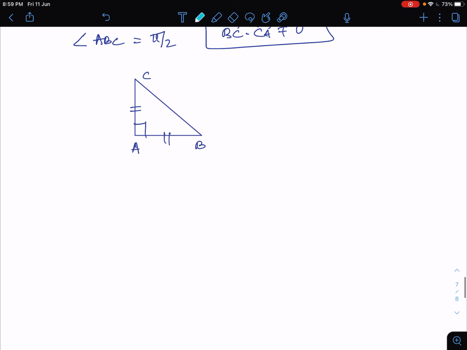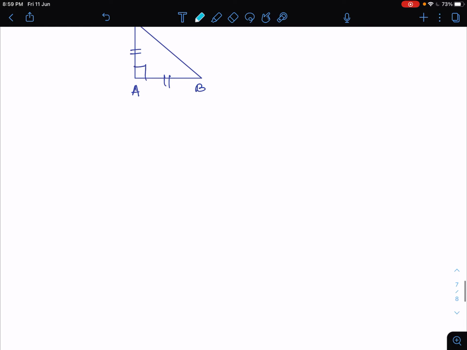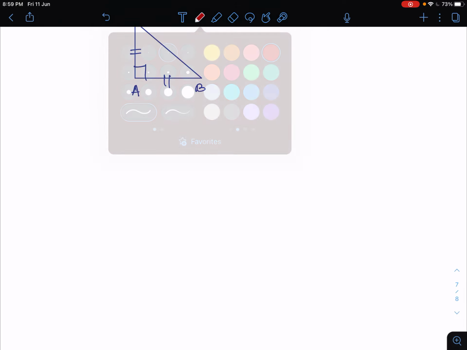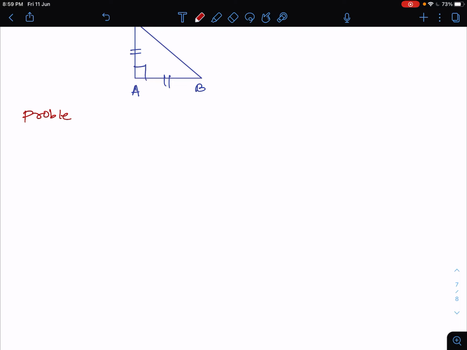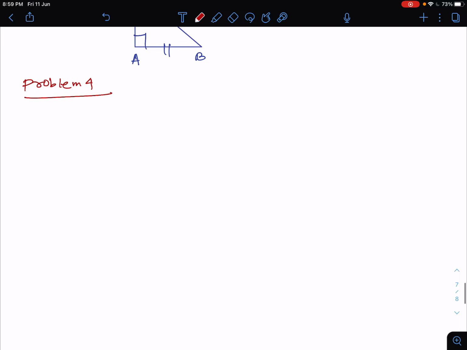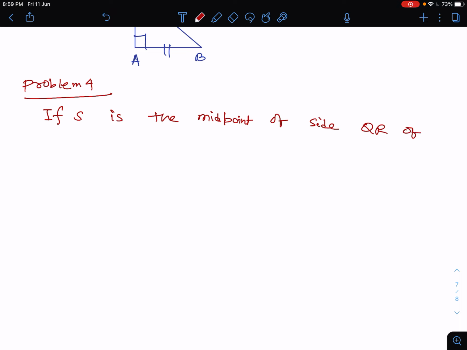So in the fourth problem, let's say S is the midpoint of side QR of a triangle PQR.